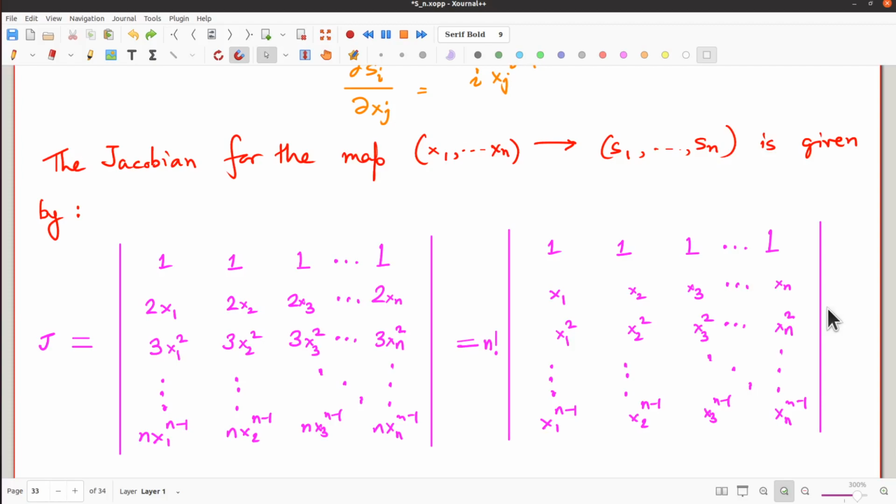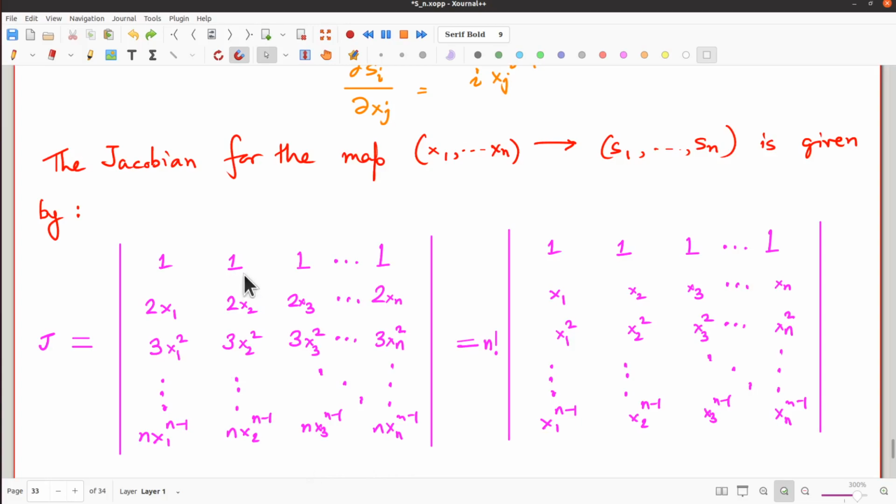So this Jacobian has the following structure. It has 1, 1, 1, 1. Then you have 2x1, 2x2, 2x3, 2x4, 3x1 squared, 3x2 squared, and so on, all the way down to nx1 to the n minus 1, nx2 to the power n minus 1, nx3 to the power n minus 1, and so on.